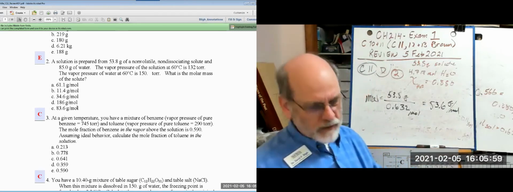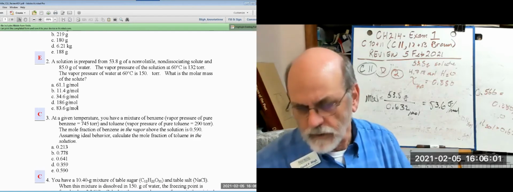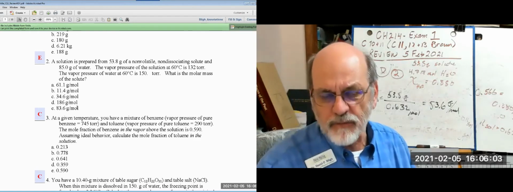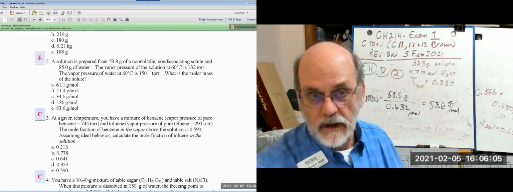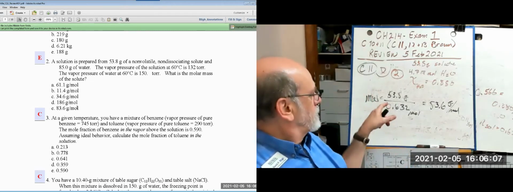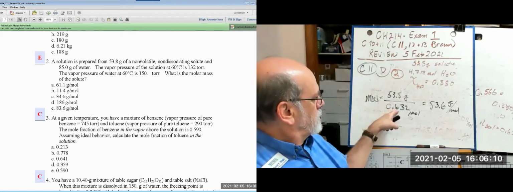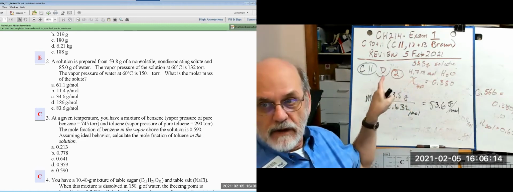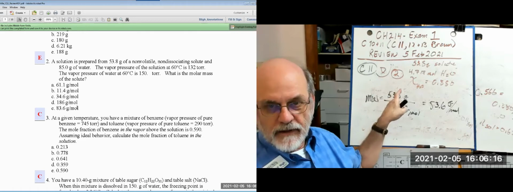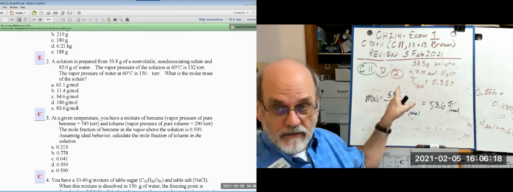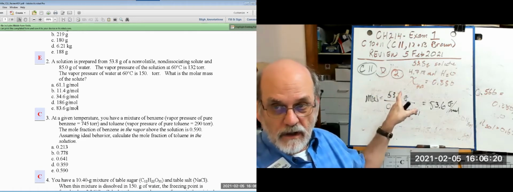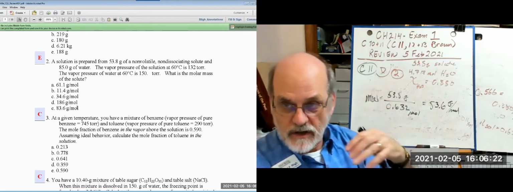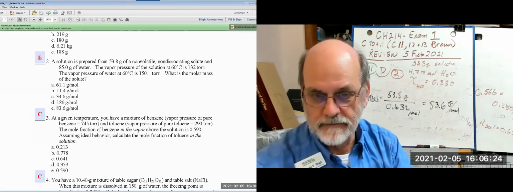Now, why is that important? Because this is a colligative property that we're dealing with, and it doesn't matter what the solute is. It only matters how much of it is there. So we can determine the molar mass of our solute independent of knowledge of its formula.